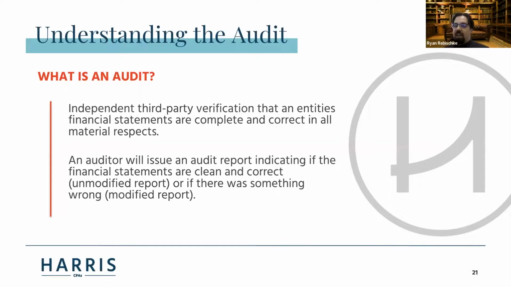So an audit is, like I said, a third-party independent verification of the entity's financial statements, that they are complete and materially correct. What that means is, you might have heard "material" from your accounting friends and no one else. If I'm looking at a set of financial statements with $10 million of assets, and I find something that's wrong by $100, I'm not really concerned about that.